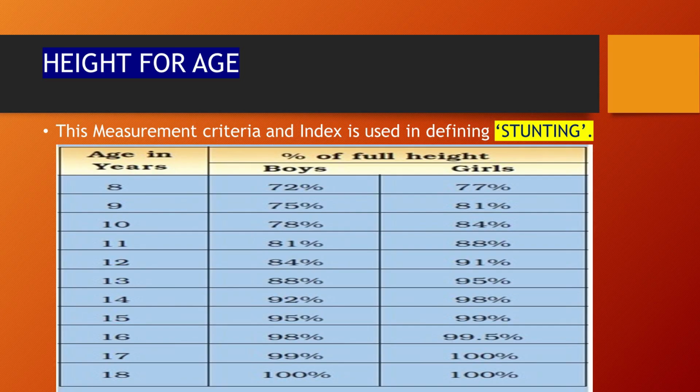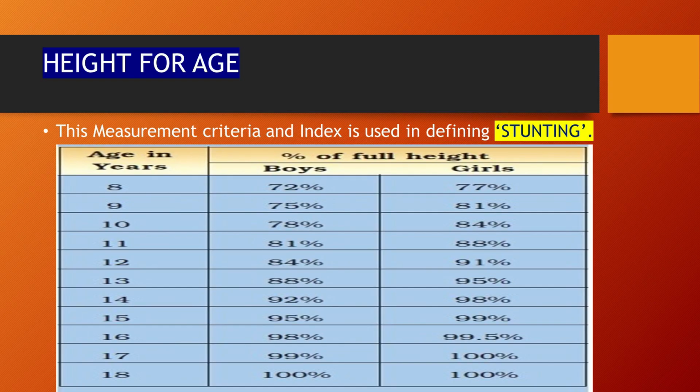If you look at a child of 8 years and an adolescent of 18 or 19 years, and compare both the boy and the girl to see how they grow in height, you will find that for a girl the achievement comes at a little earlier age.